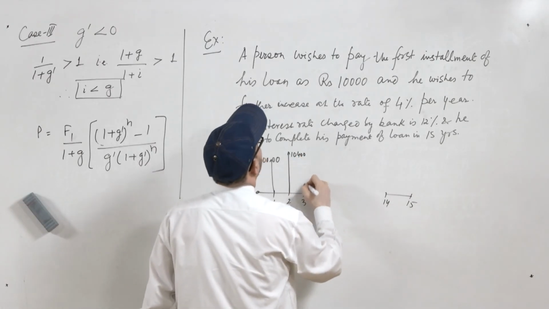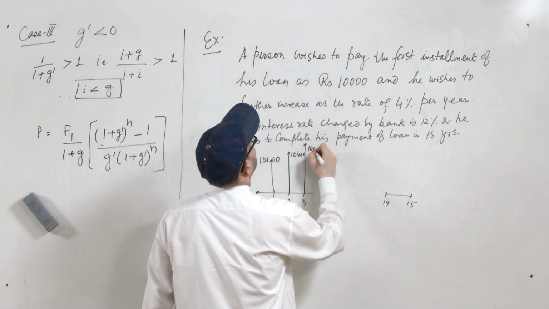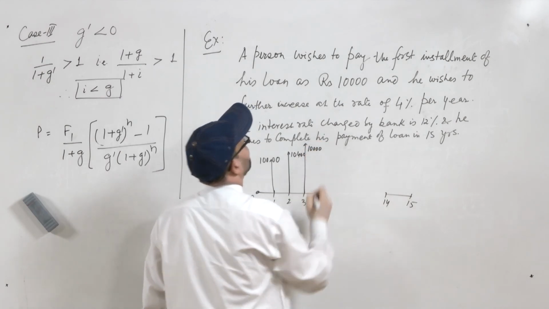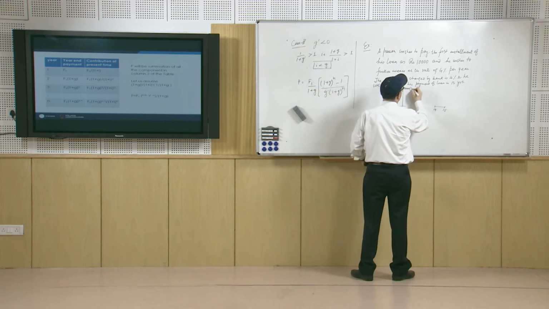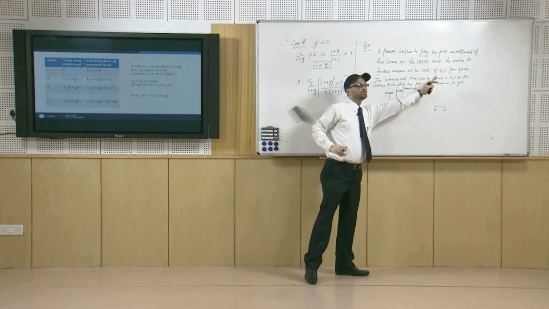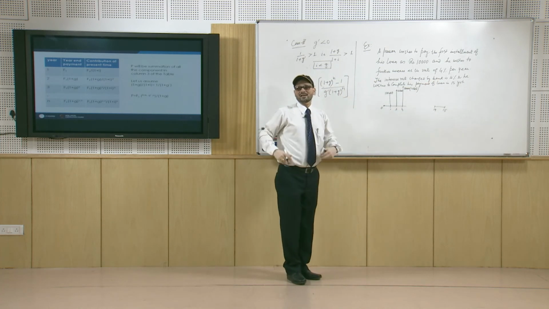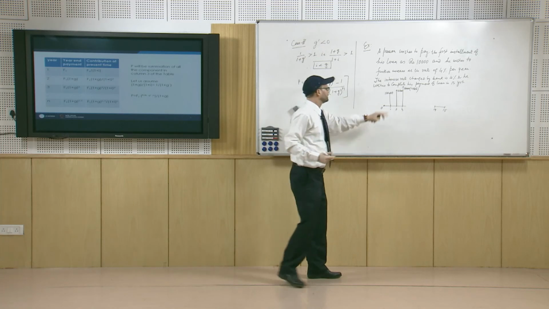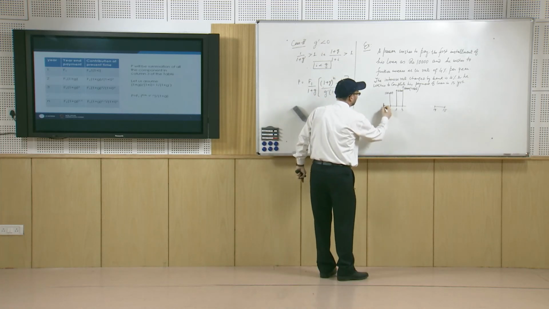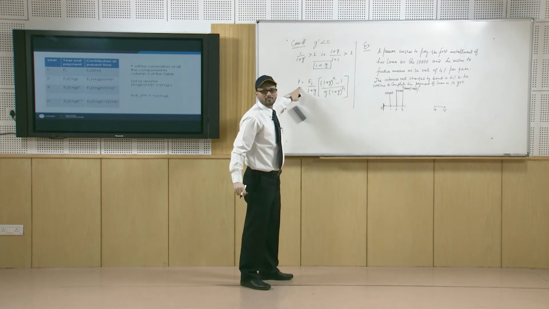Third year again 10,000 multiplied by 1.04 to the power 2, that is 1.0816. So, this way it will go on increasing. So, ultimately what is the present equivalent amount that can be found at this time using this formula.